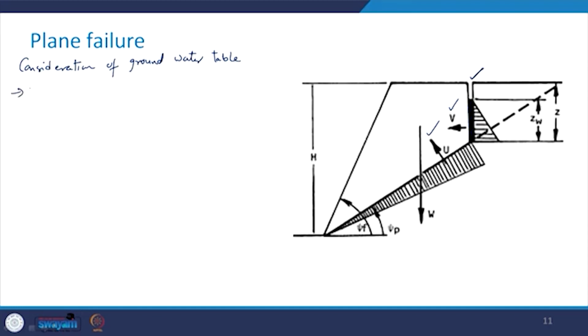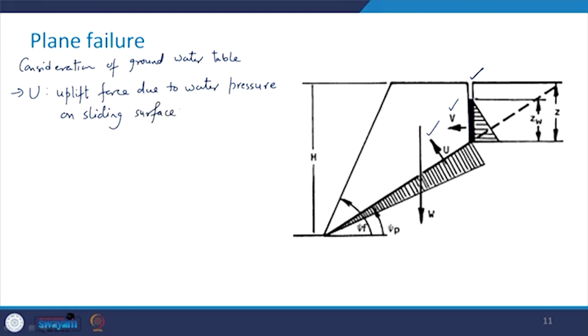So, what we have is the capital U, which is the uplift force due to water pressure on the sliding surface.